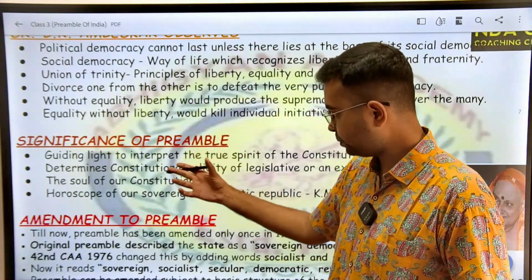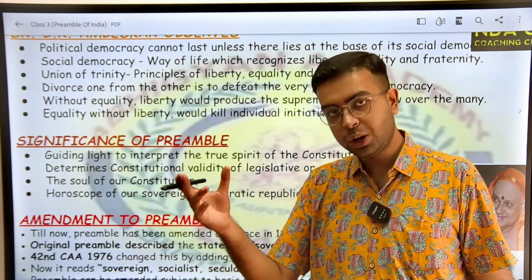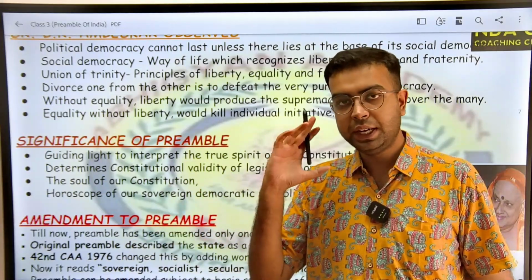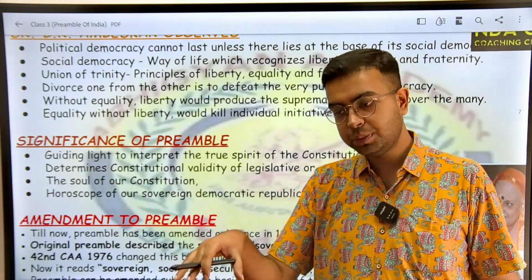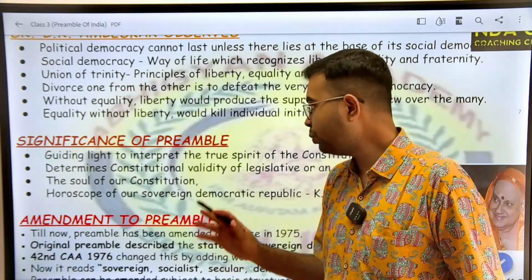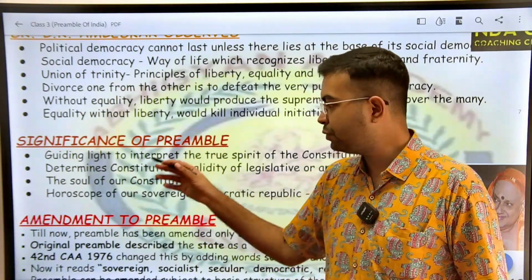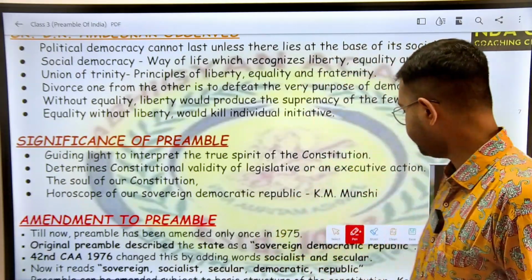Say if the court is looking at something in the constitution on which it has to base a judgment and it is confused, for reading that particular part of the constitution, the court can refer to the idea of the preamble. Although while giving the judgment, the court cannot enforce the preamble.